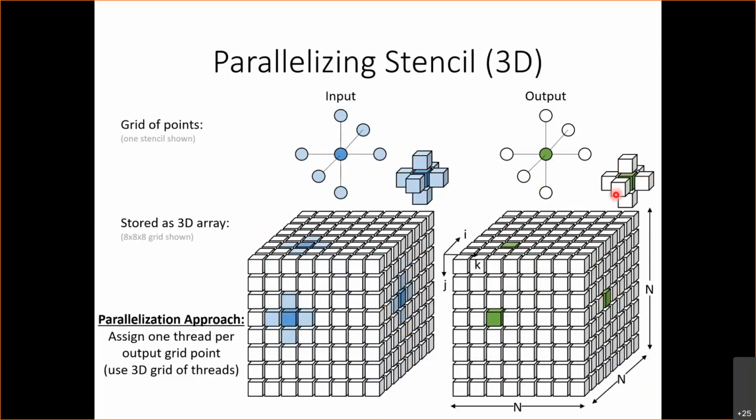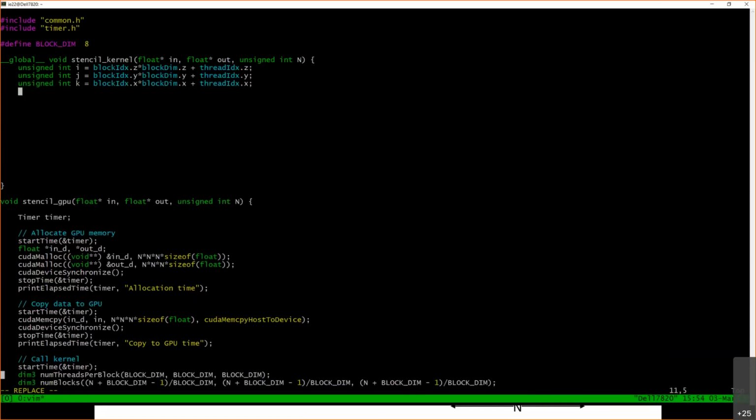To make sure that I'm doing only the internal elements, I'm not going to process the elements whose index is 0, and I'm not going to process the elements whose index is n minus 1. So the boundary check is going to be if i is greater than or equal to 1, and i is less than n minus 1.